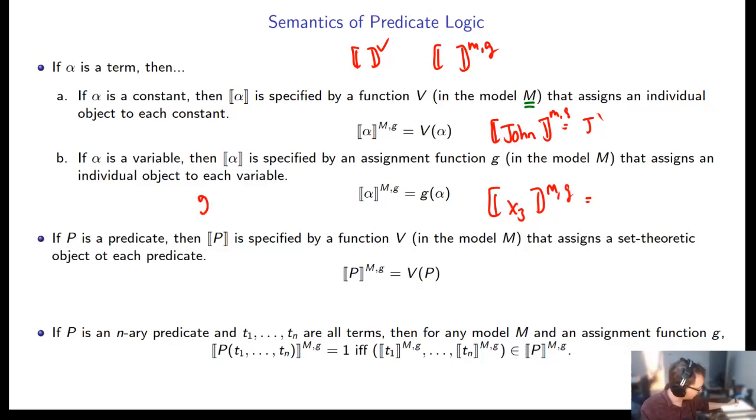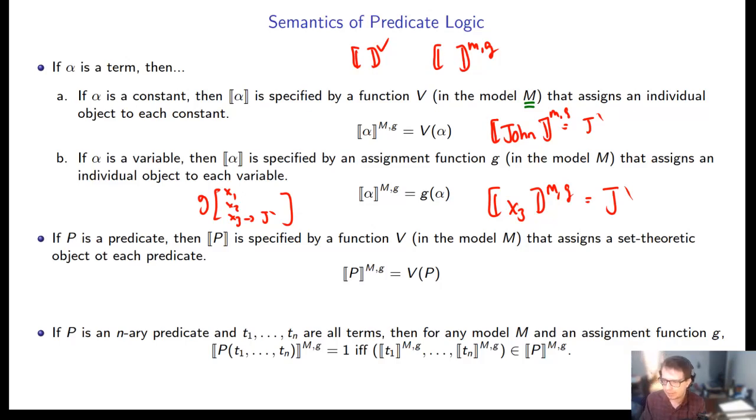Maybe we take a look at G and it says, okay, x3 is pointing to J prime. Then we'd say, okay, this is J prime. So what A and B are saying here is that we just evaluate our constants and variables as before.